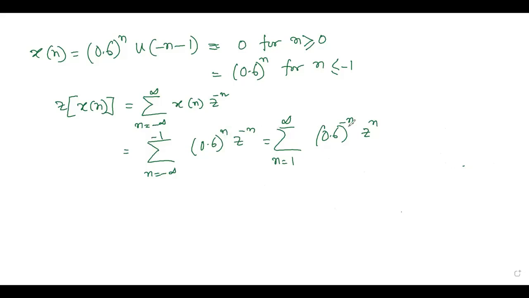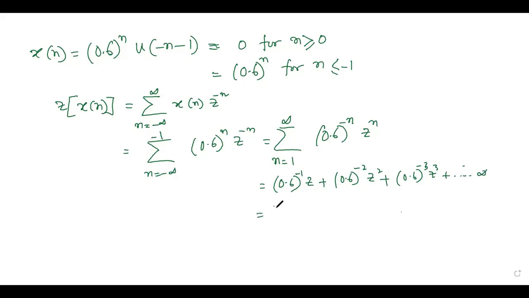So n becomes minus n and minus n becomes plus n. Now you put the value, you don't have any problem in that case. So minus 1 z, 0.6 minus 2 z square, ঠিক আছে? 0.6 minus 3 z cube up to infinity.